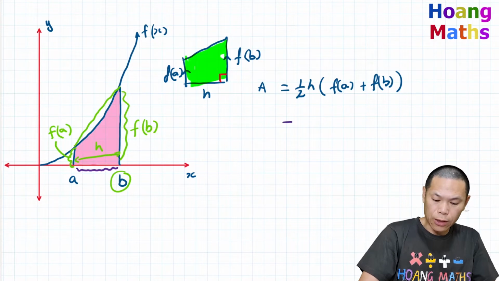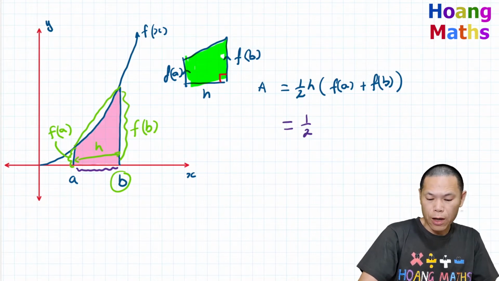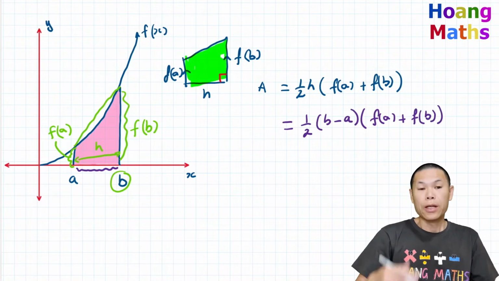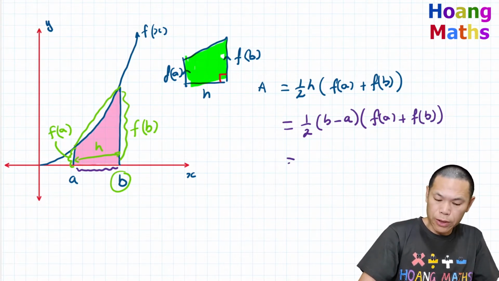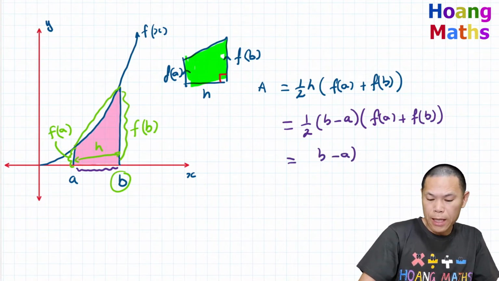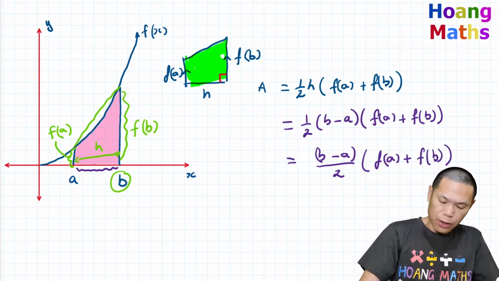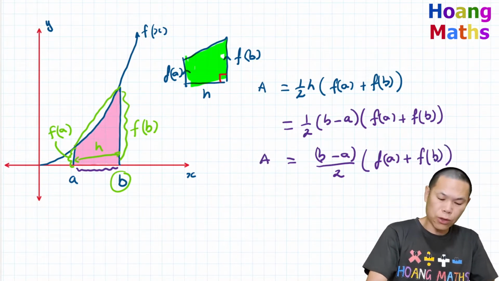So that is equal to a half of h, that is (b minus a), bracket, f(a) plus f(b). This can also be written as (b minus a) over 2, f(a) plus f(b). So there you go. This is the area of this trapezium.